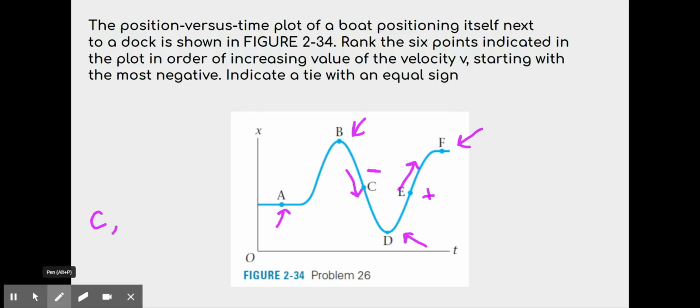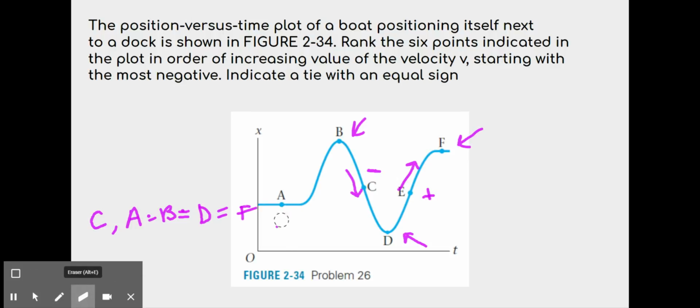And then we have several values that are 0. So in that case, we have A, which equals B, which equals D, which equals F. And finally, we have the positive value, which is E. So your final ranking is C, and then A, B, D, and F are all equal to each other, so they go in the middle.